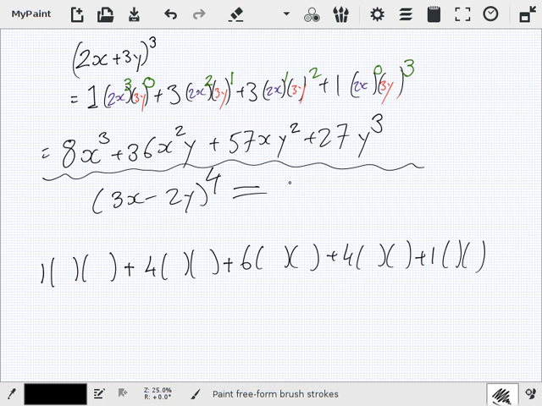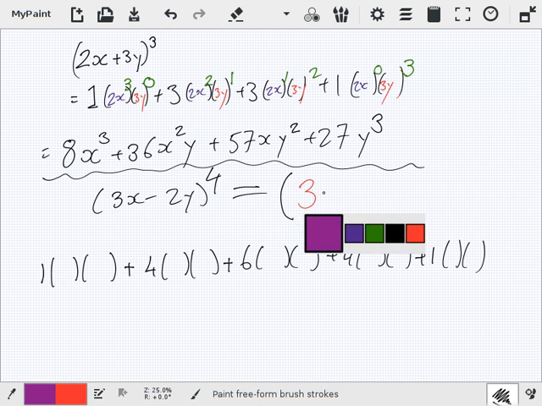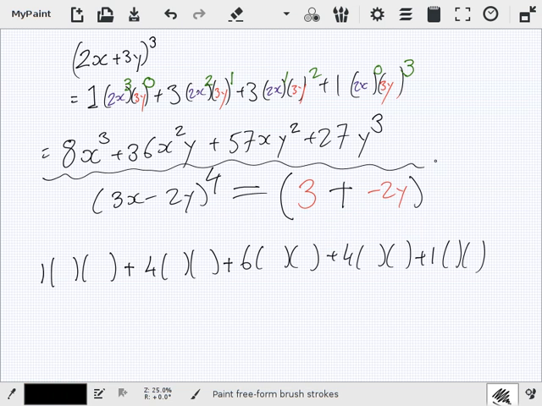So as some of you were wondering, how do we deal with the minus? One way to deal with the minus is like this. I change this into 3x plus negative 2y power 4. So you think about the minus 2y as a thing and the 3x as the other thing.